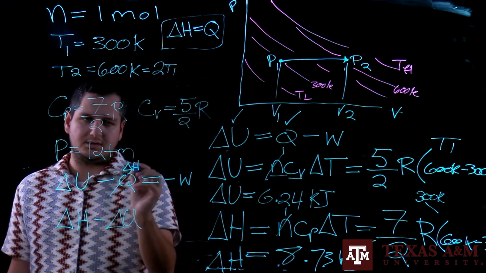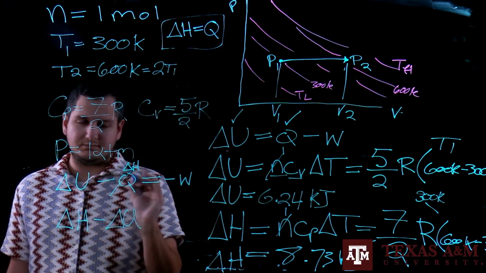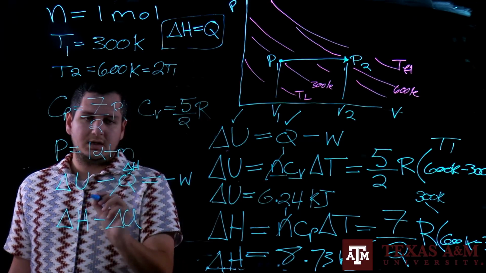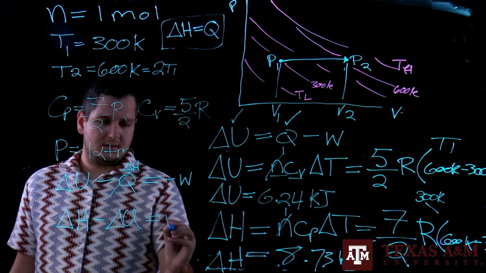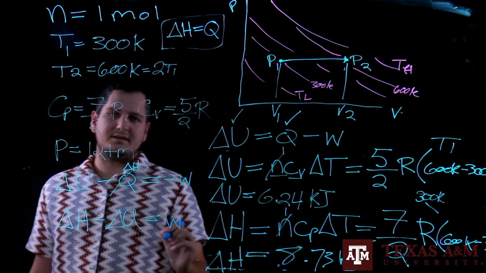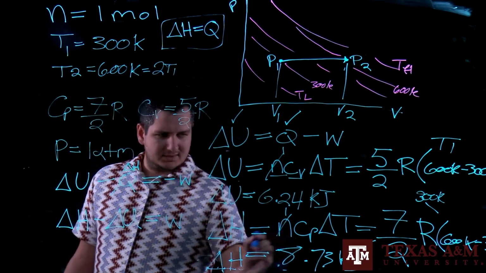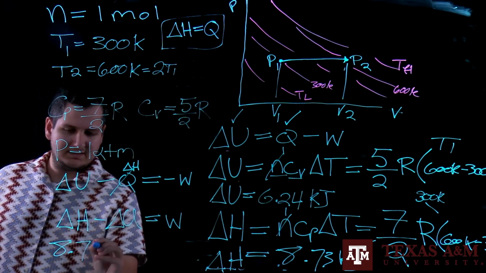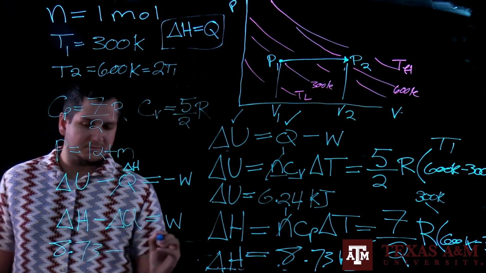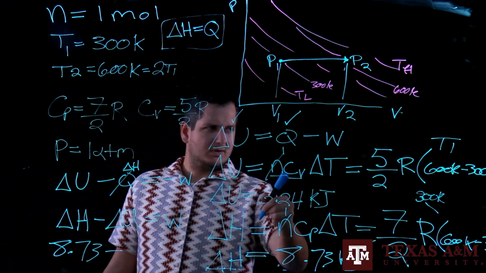Or you can call this Q. I'm switching these out. There, Q and delta H are the same. I just wanted to get rid of the negative on the work. So then I have 8.73. Where did I write it down?